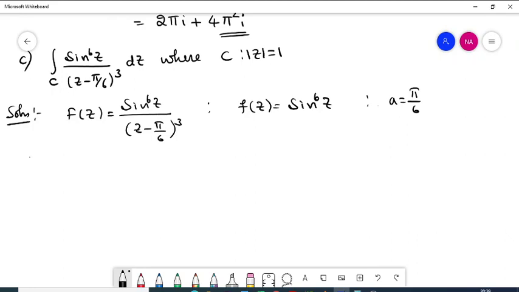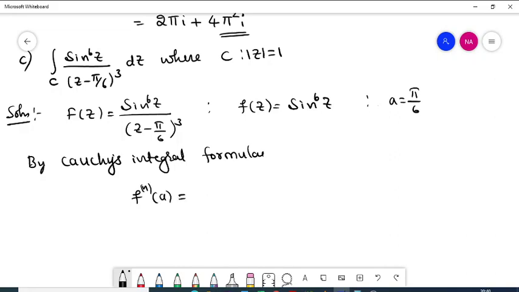By Cauchy's integral formula, the nth derivative of f at a equals 1 by 2 pi I times the integral of f of z divided by (z minus a) whole power n plus 1 dz.